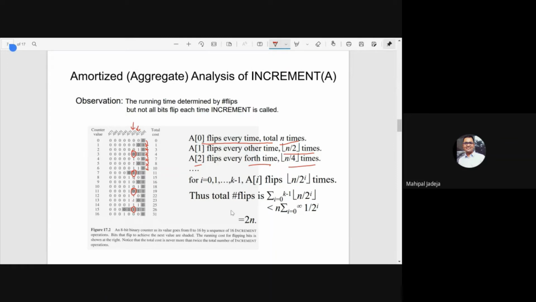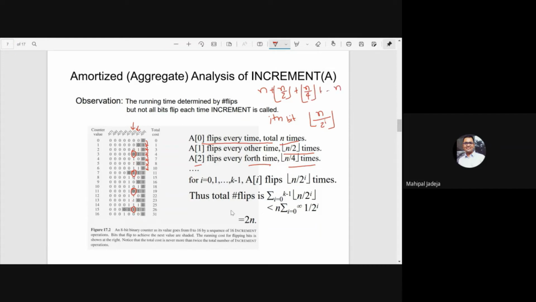So in summary, can I say that the ith bit will flip exactly n upon 2 raised to i times, right? So basically, the first bit will flip n times, second bit n by 2, third bit n by 4, right?